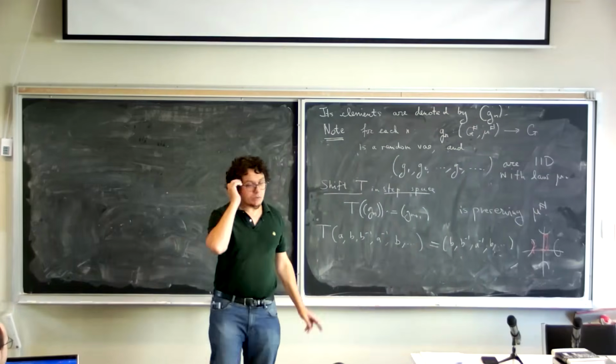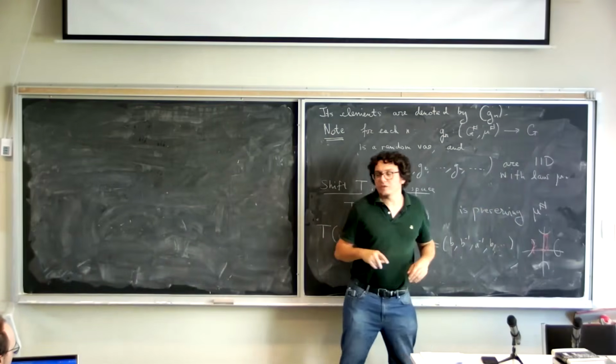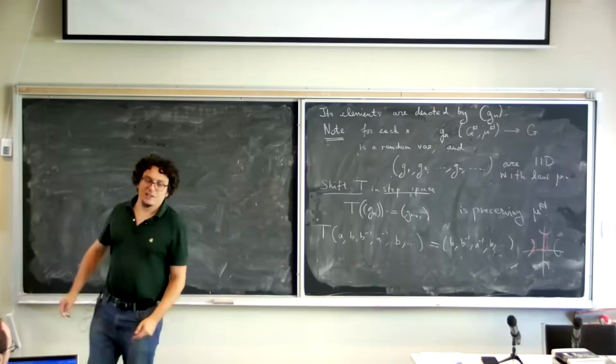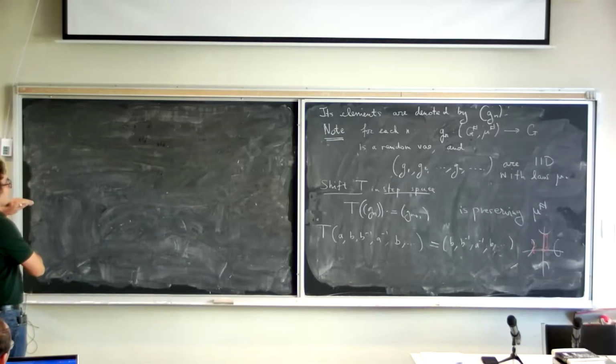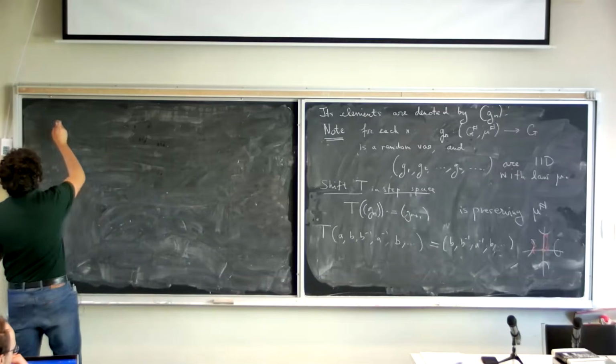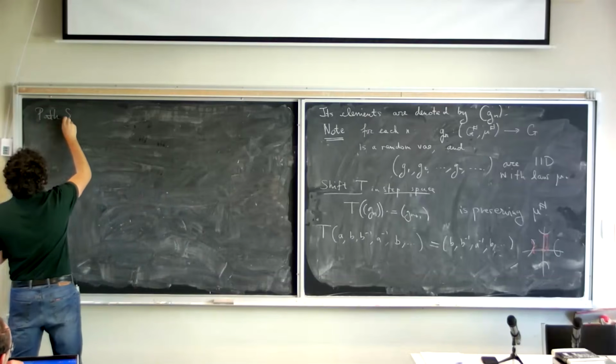You can think of it as a random variable, but a group valued random variable. If you're used to it, it's nothing strange, but it could be if you're not. Okay, so the other space is the path space.